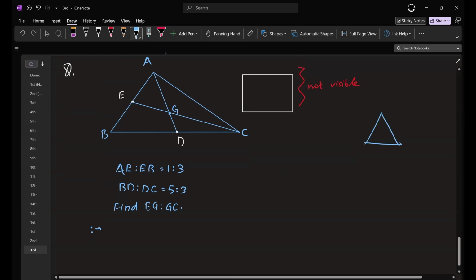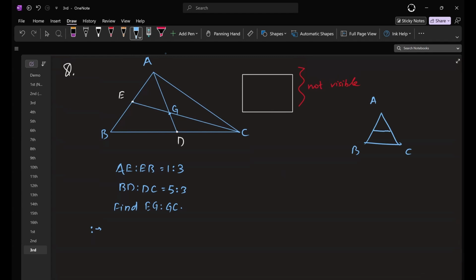Like if this is a triangle ABC, and this is a line DE, where D is dividing AB in the ratio k is to 1, and E is dividing AC in the same ratio k is to 1, then DE is parallel to BC, and we can write AD upon BD is equal to AE upon EC. This was the basic proportionality theorem.